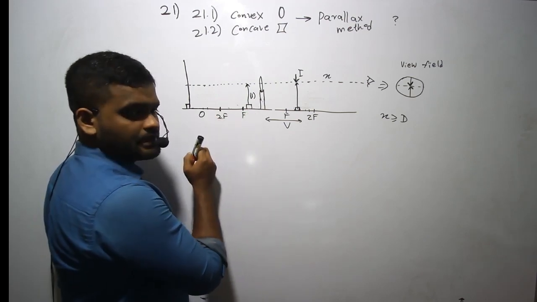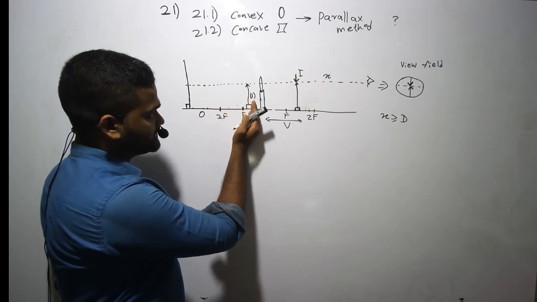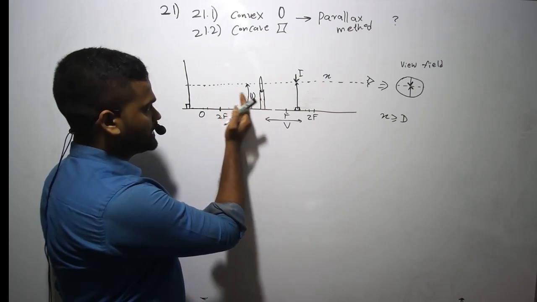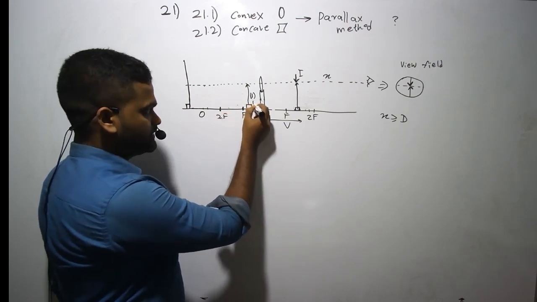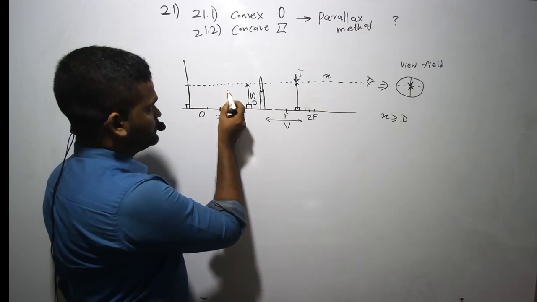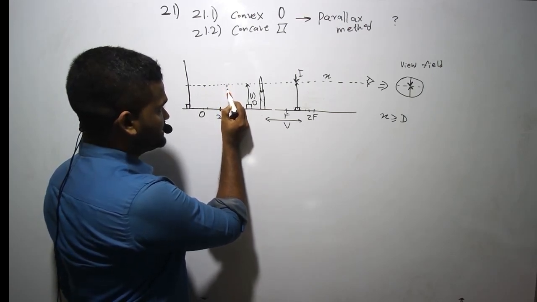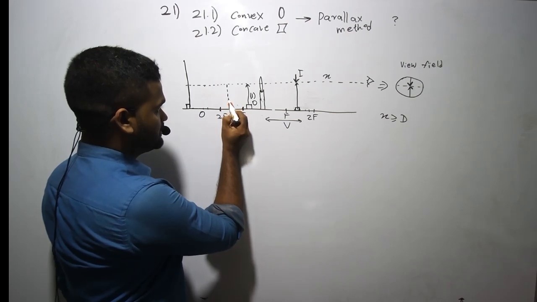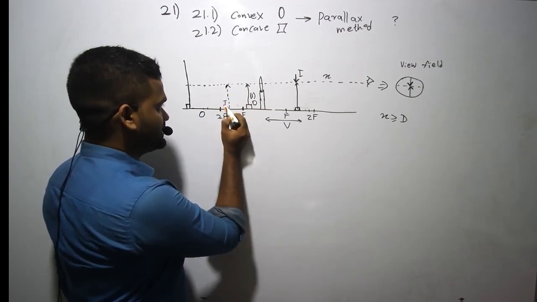The problem here is the image formed is here, behind the object. This is the object. It is formed behind the object, right? So you know that should be a larger non-inverted image. It is not inverted. And it will be something like this, right? So image is here.